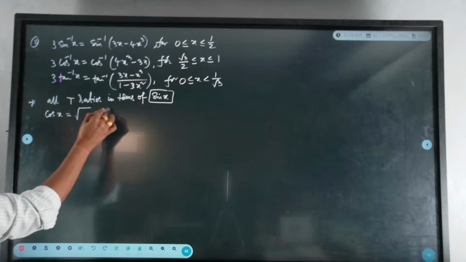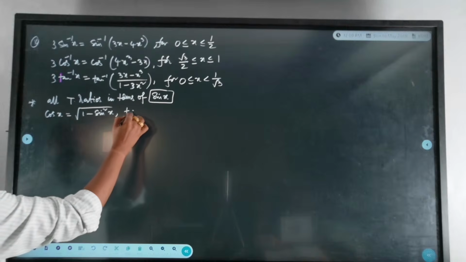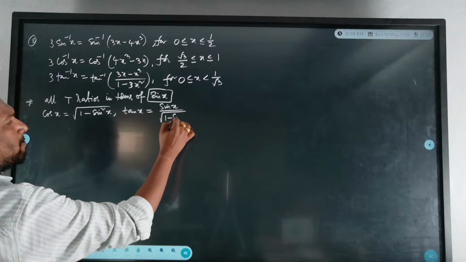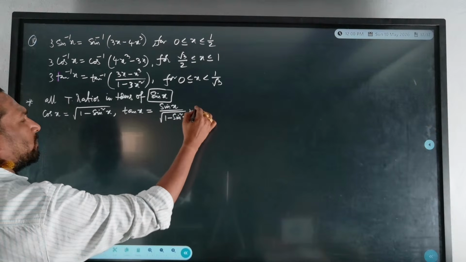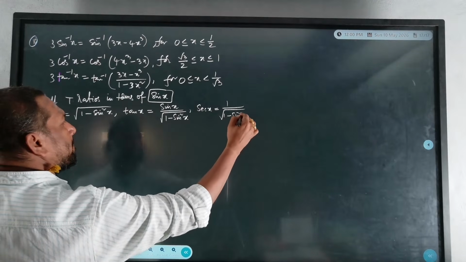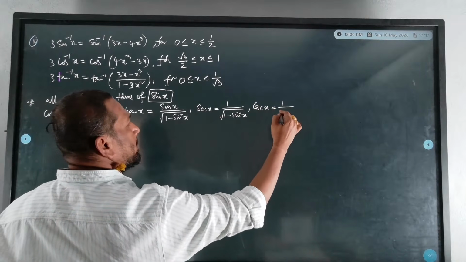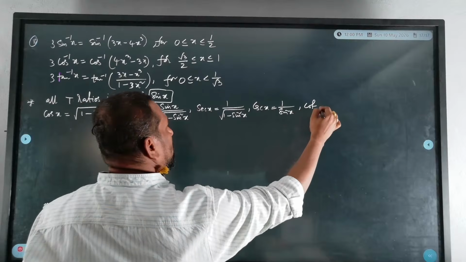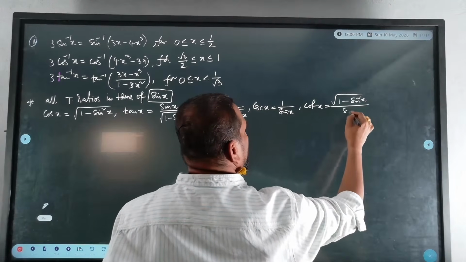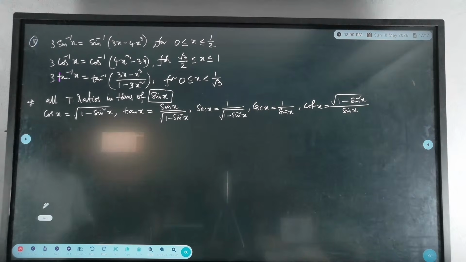Cos x is equal to, tan x is equal to, secant x is equal to, cosecant x is equal to, cot x is equal to. Everyone knows this, right? So now.